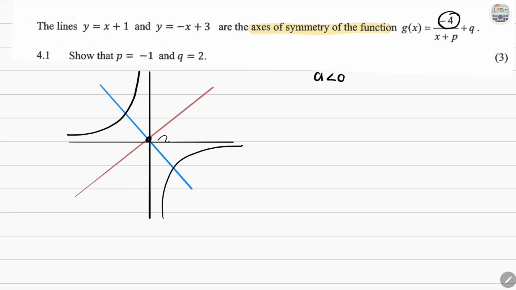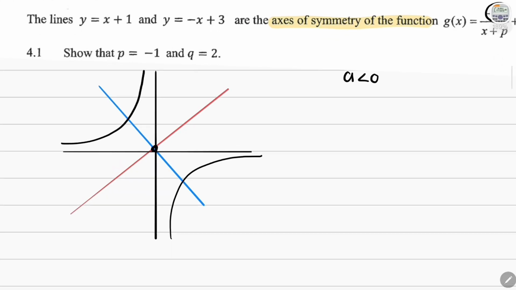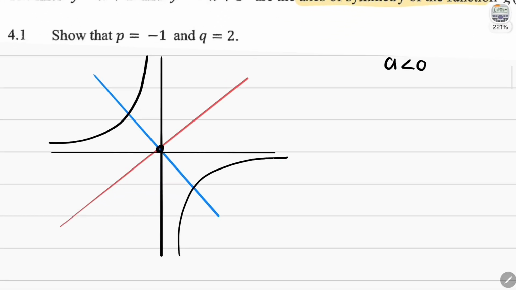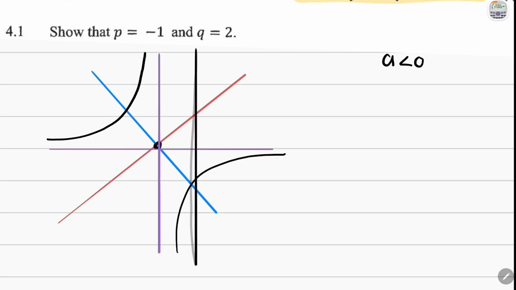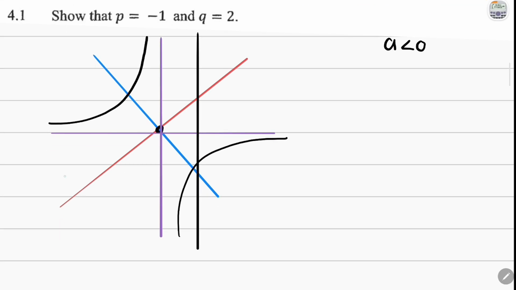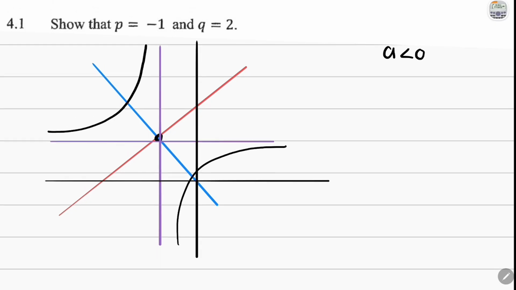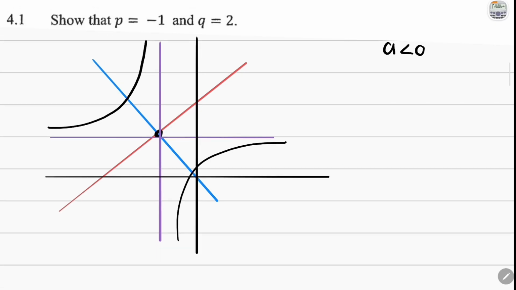So ultimately what happens is these two lines, the axes of symmetry that we have, intersect at the point of intersection of your asymptotes. So that would mean whatever x value they have, and I think it's best to actually draw a y-axis. Let's say the y-axis was over here and the x-axis was just here. It doesn't actually look like that, I'm just putting this here as an example.